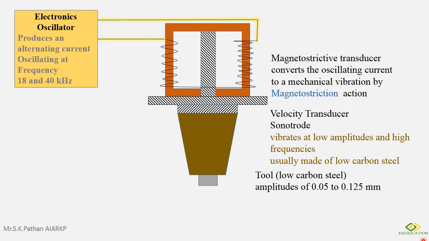Electrical current is supplied through an electronic oscillator, and this electronic oscillator produces an alternating current which is oscillating at a frequency of 40 to 80 kilohertz. So this frequency itself is an ultrasonic frequency.